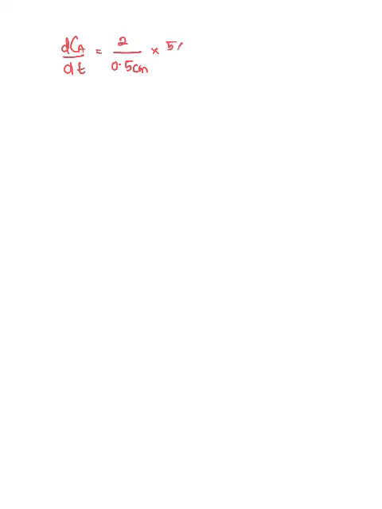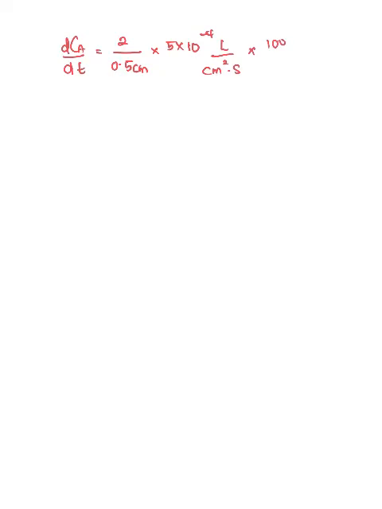Multiply with 5 times 10 negative 4. The unit, actually you need to check or determine the unit of K by using backward calculation. So you will get the unit is liter centimeter square per second.